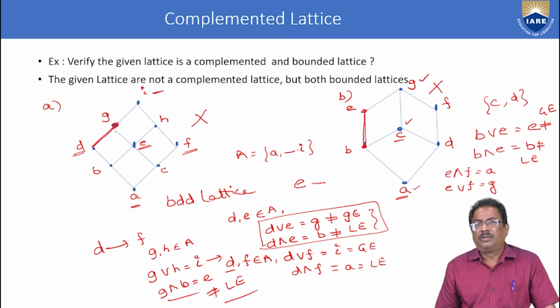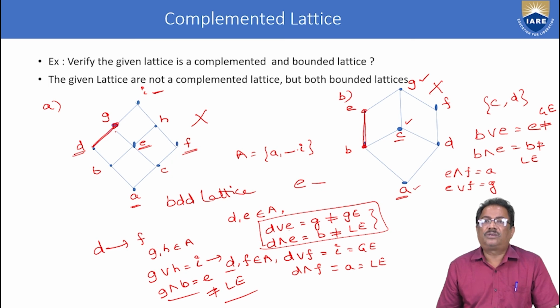In a similar sense, we can consider B and C. For B and C, the greatest lower bound is of course A, which is the least value, and the least upper bound is equal to E. So we can say that B and C are not complements of each other.